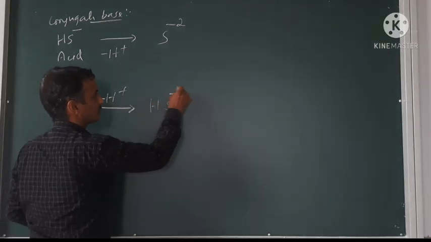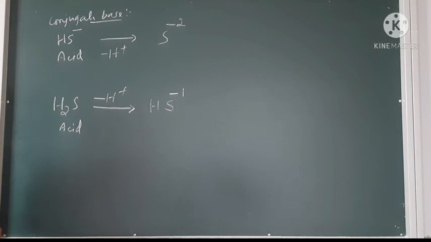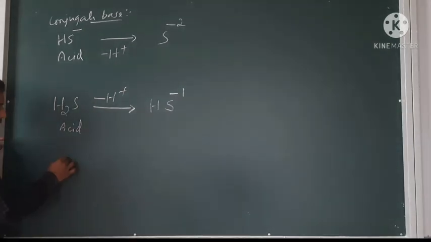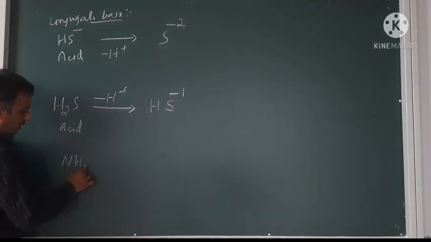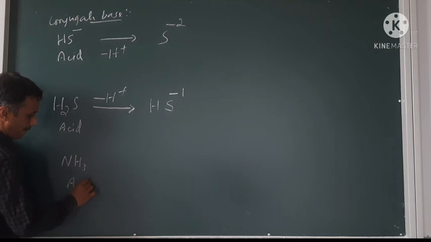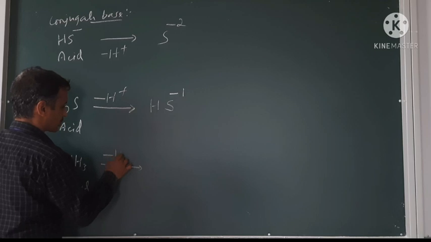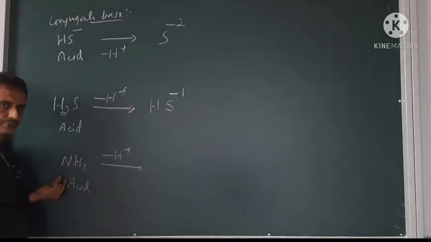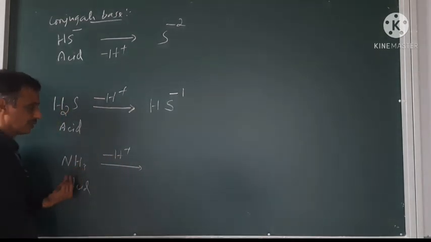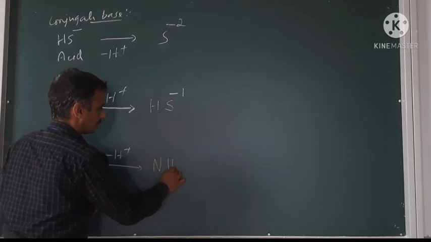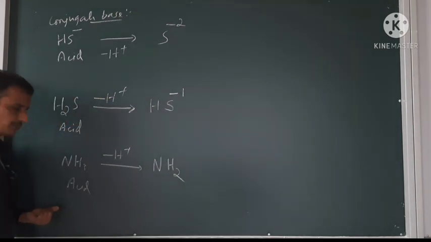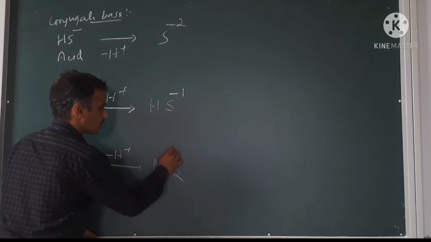So HS minus. NH3 is an acid. Its conjugate base: remove one H plus. Three hydrogens were there, so now it becomes NH2. Minus plus 1 is minus 1, so minus 1 charge.